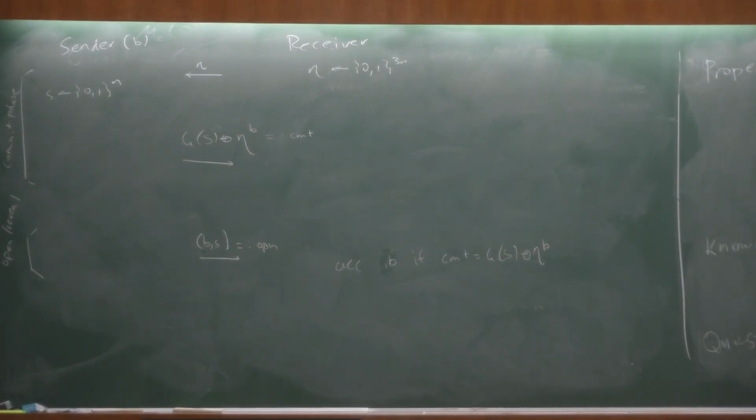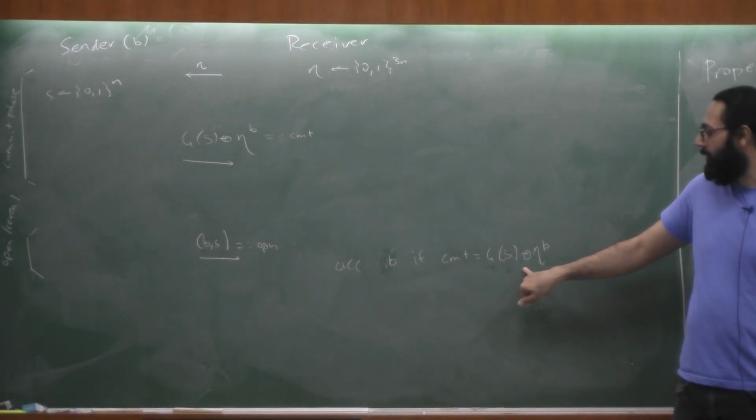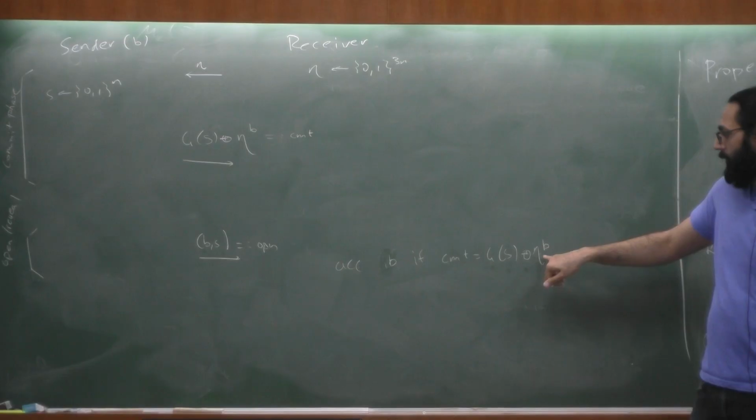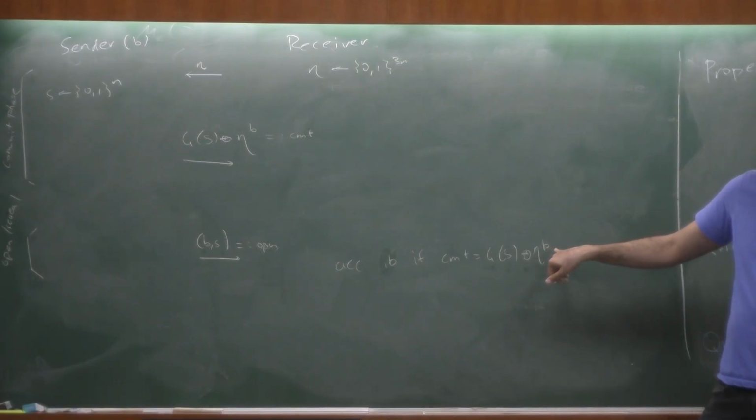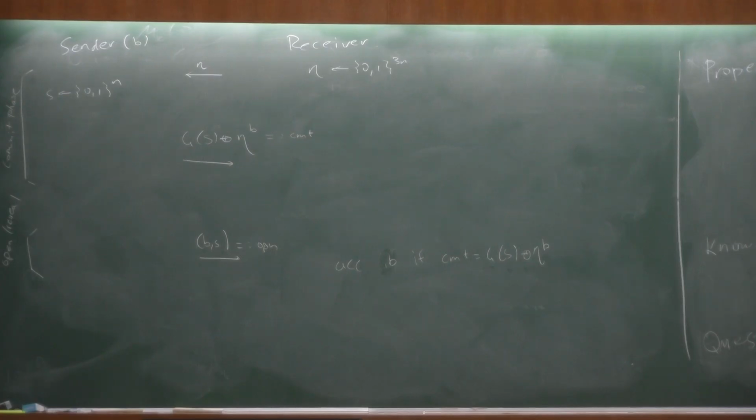So she's just going to check that if she plugs the seed into the pseudo-random generator and XORs it with eta if the message was 1, or doesn't XOR it, the thing actually matches.